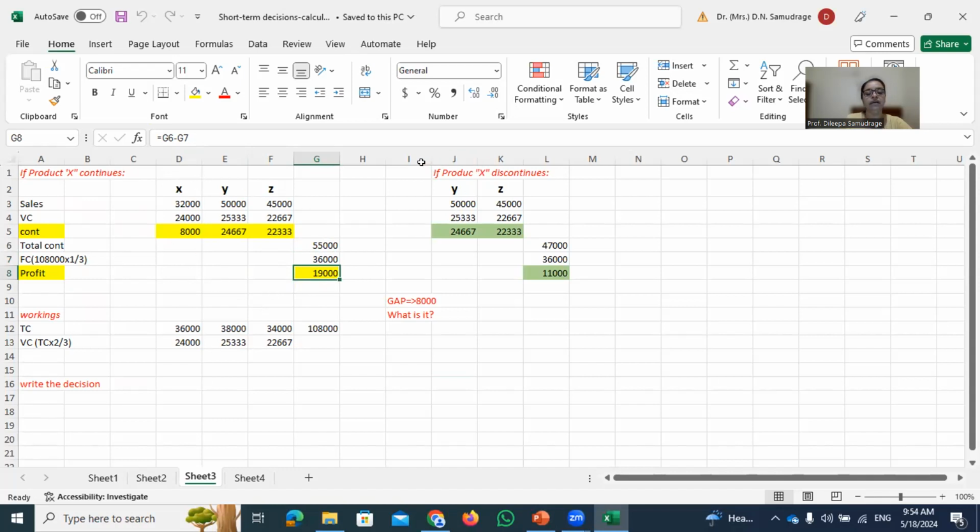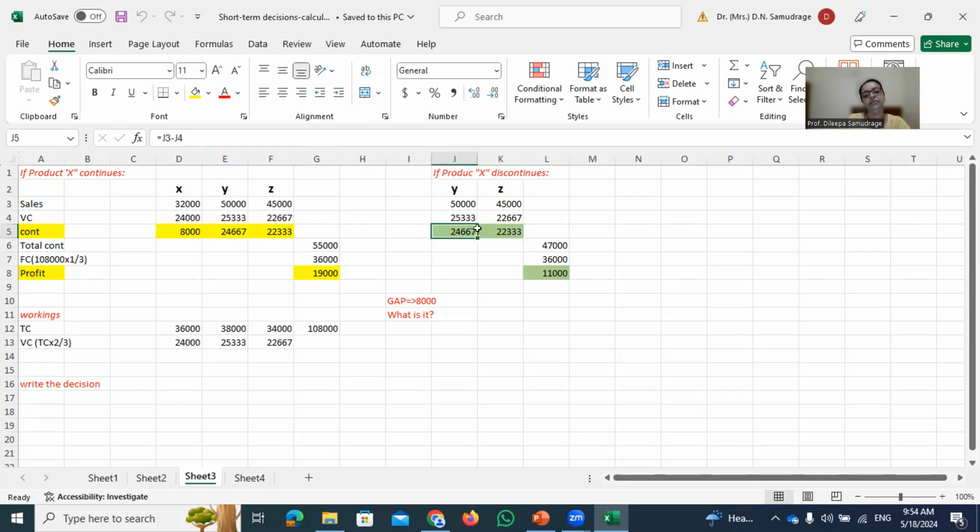Then in another part, you can show if product X discontinues. If you stop X, you don't have this column. You have only the Y and Z columns, right? The same things I have taken here. You can see 24,667, 22,333.